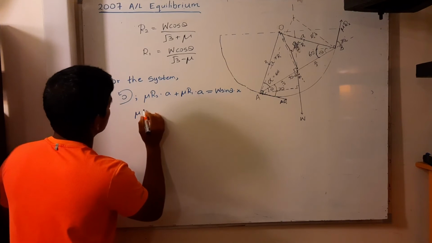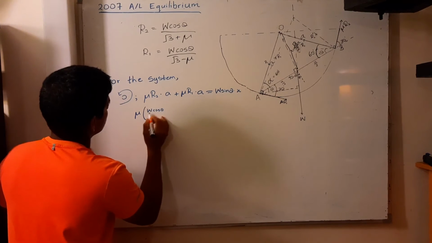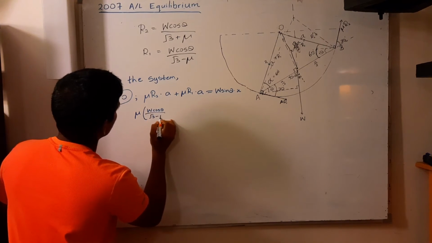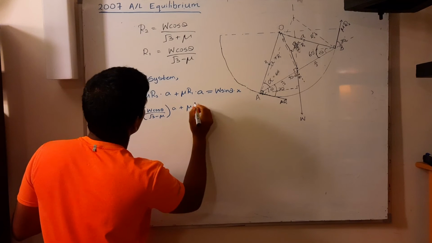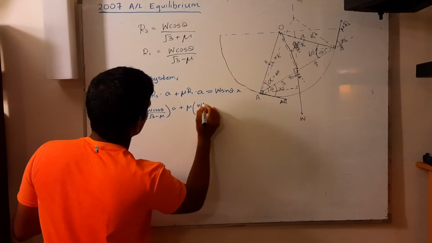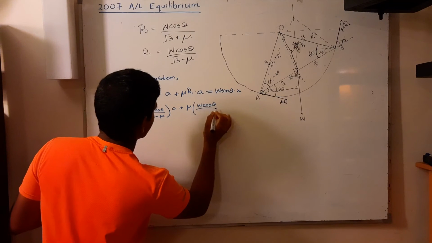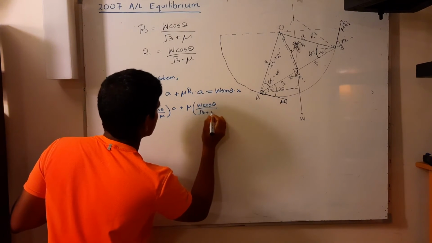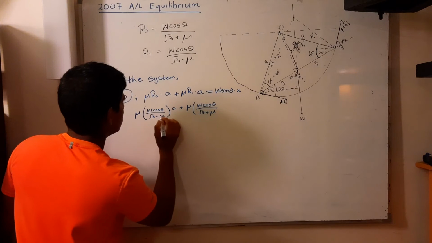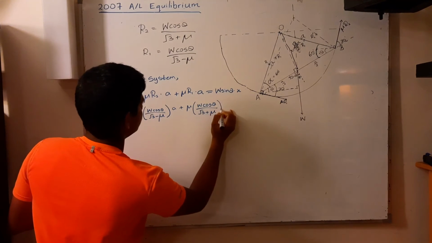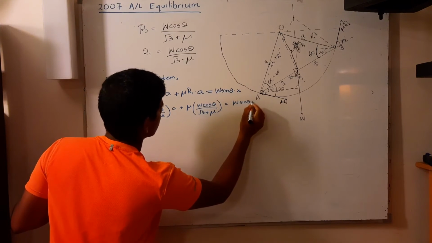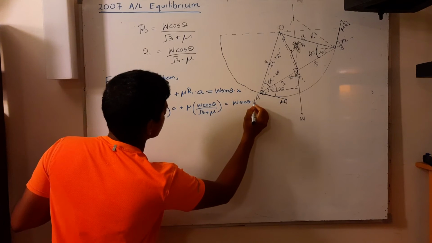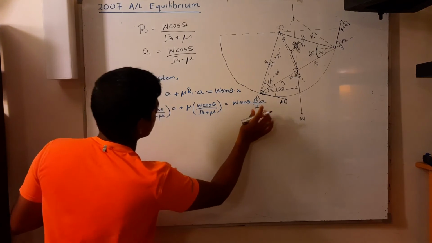So mu R2 is W cos theta over root 3 minus mu, into A, plus mu R1 is W cos theta over root 3 plus mu, equals W sin theta into root 3 over 2 a.